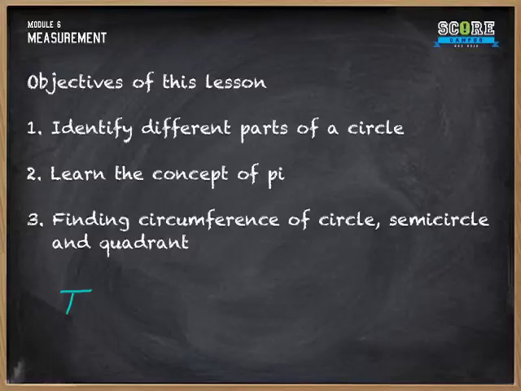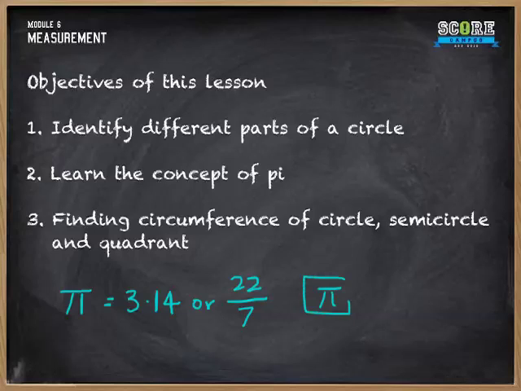It's called pi, and its value is usually taken as 3.14 or 22/7. We can also get the value of pi from the calculator by pressing this button, pi, followed by hitting the equal sign. You'll see pi again and again as long as the topic is revolving around circles.